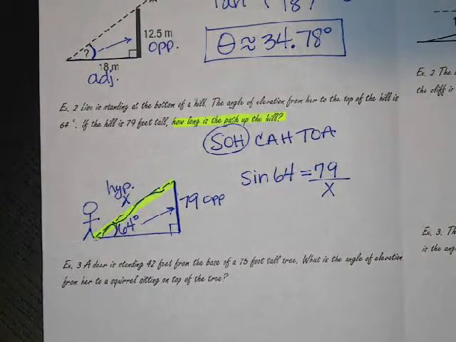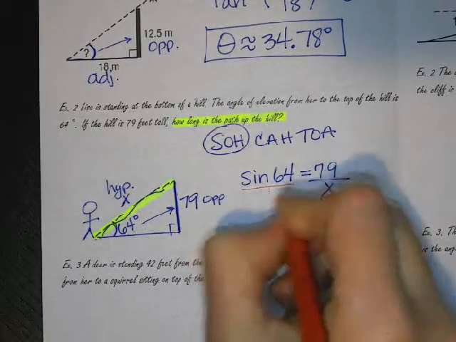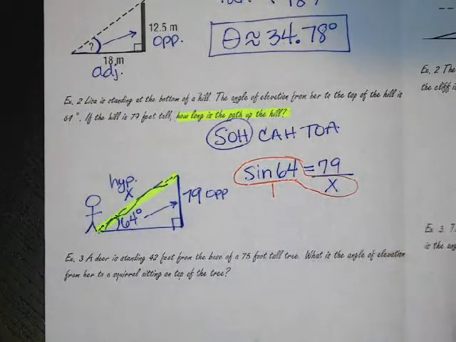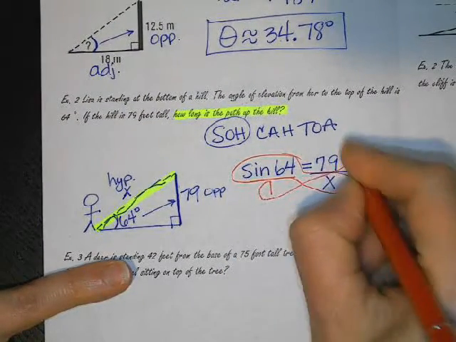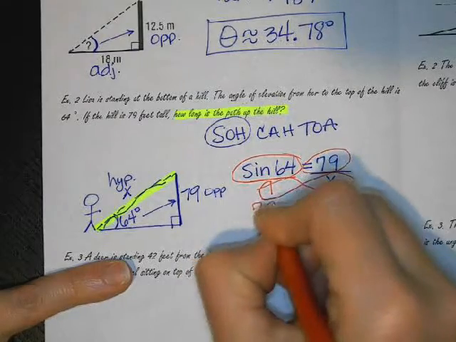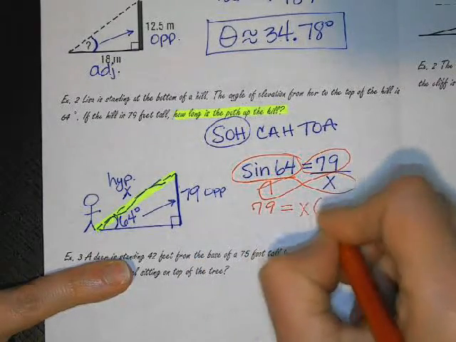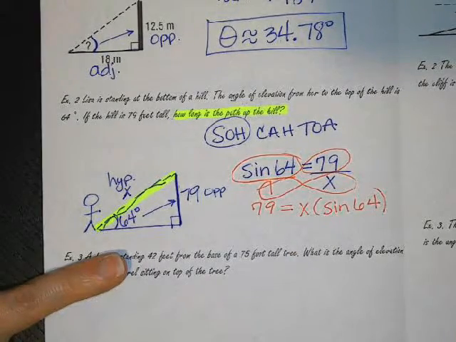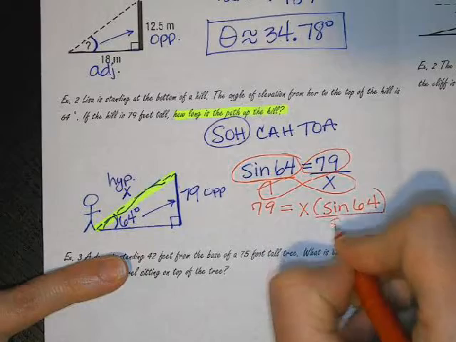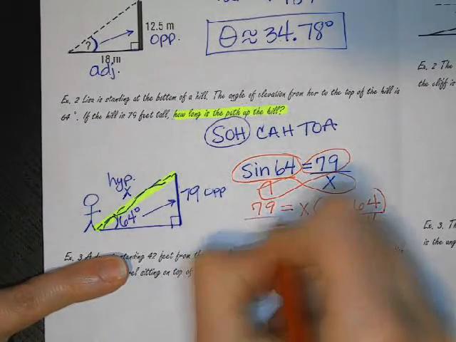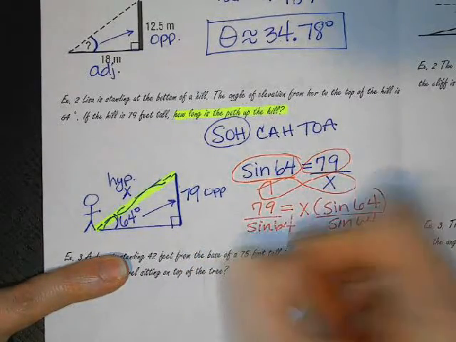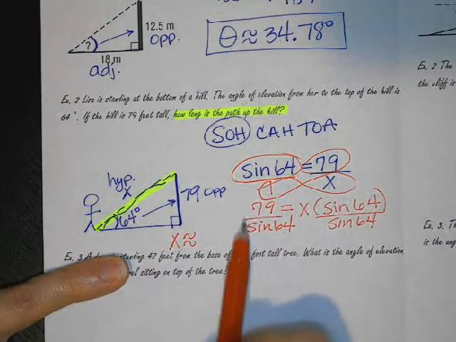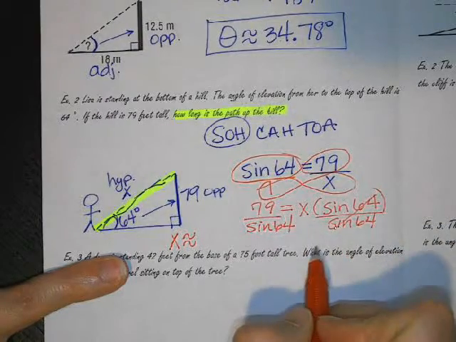Remember, with this, you're going to cross multiply. So you're going to put sine of 64 over 1, cross multiply. So we've got 79 times 1, which is 79, equals x sine of 64. Remember, to solve this, you divide by sine of 64 on both sides. So x is about, and we type this fraction right here on our calculator because this side canceled out.